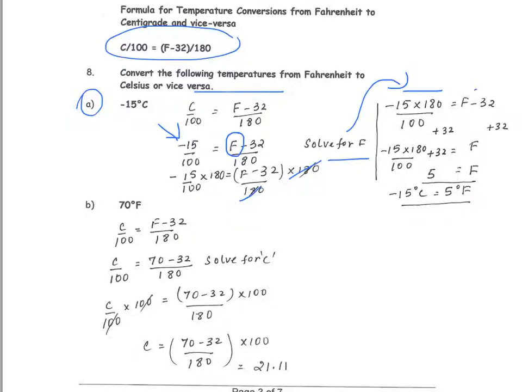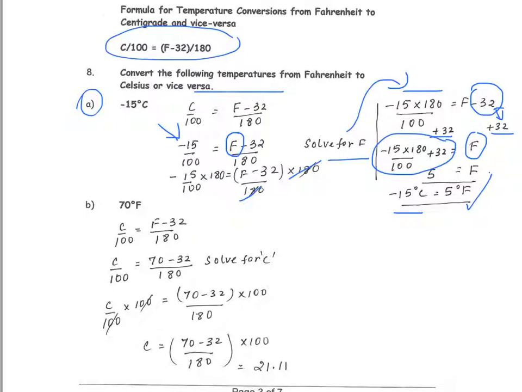Now we need to get rid of the -32, so we add 32 on both sides. So -32 and the +32 get cancelled, and our answer is F. So we've solved for F. Use your calculator carefully and solve for F. So we get 5 degrees Fahrenheit, and what we started with was -15 degrees centigrade.